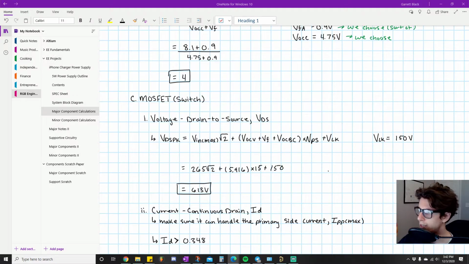VLK is the leakage inductance. In the data sheet it says estimated leakage inductance energy reset voltage, and this is equal to 150 volts. I'm not 100% sure where I got that from. I think I calculated it.